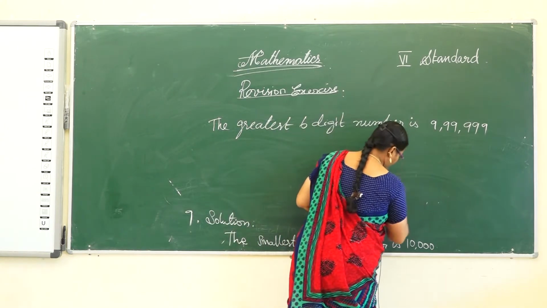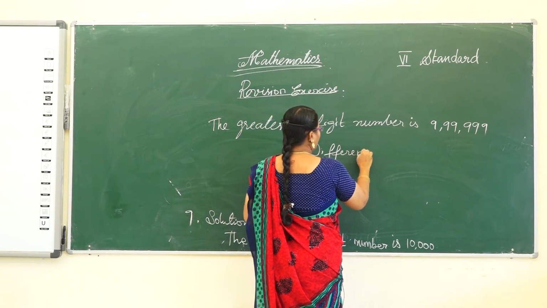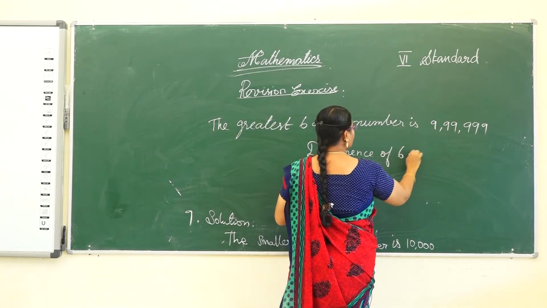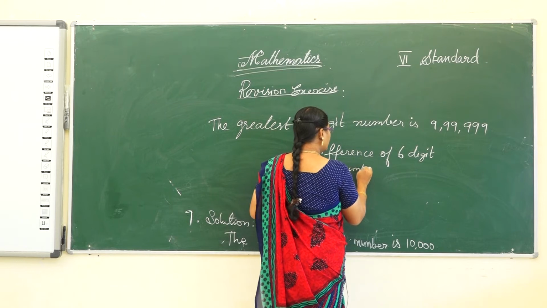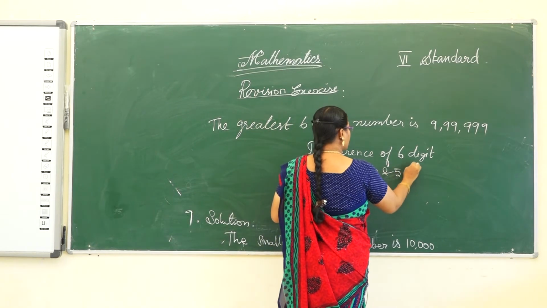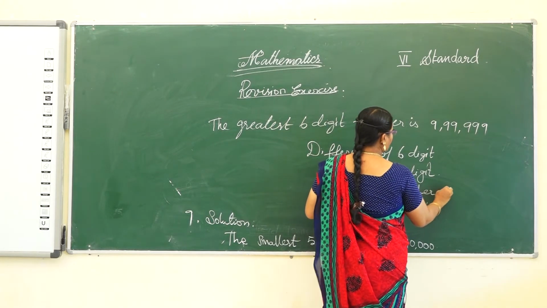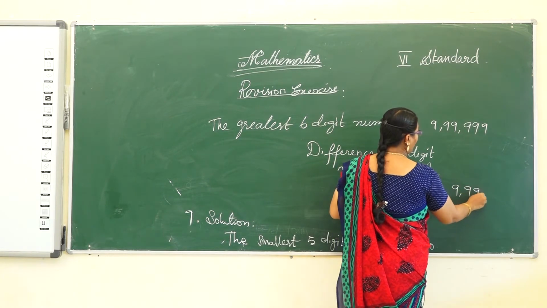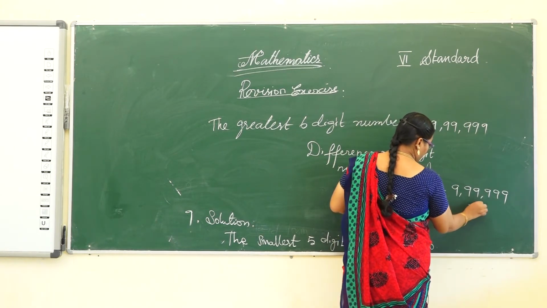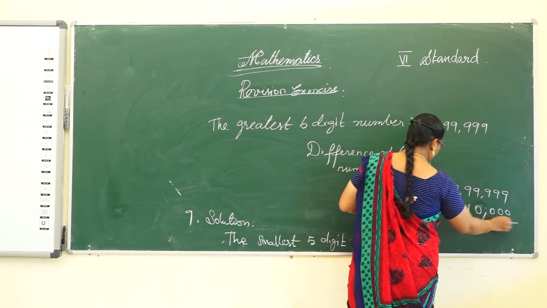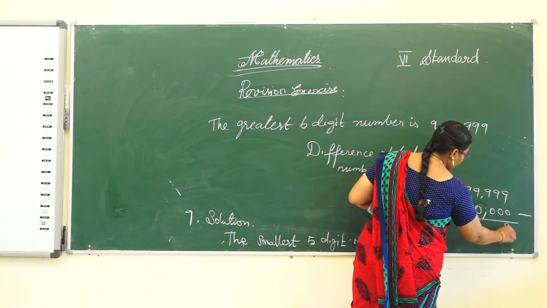The difference of the 6-digit number and the 5-digit number is equal to 9,99,999 subtracted by 10,000. Subtracting, what do we get?